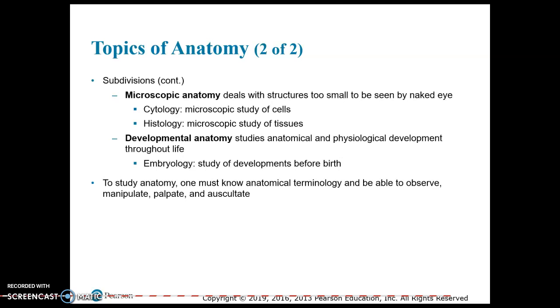And we do this in cytology, or the study of cells, when we look at individual cells, and histology, or the study of tissues, because tissues are actually groups of cells, so we're still looking at the cellular level. Developmental anatomy studies anatomical and physiological development throughout life. One area of developmental anatomy is called embryology, and that's the study of the developments that happen before birth.